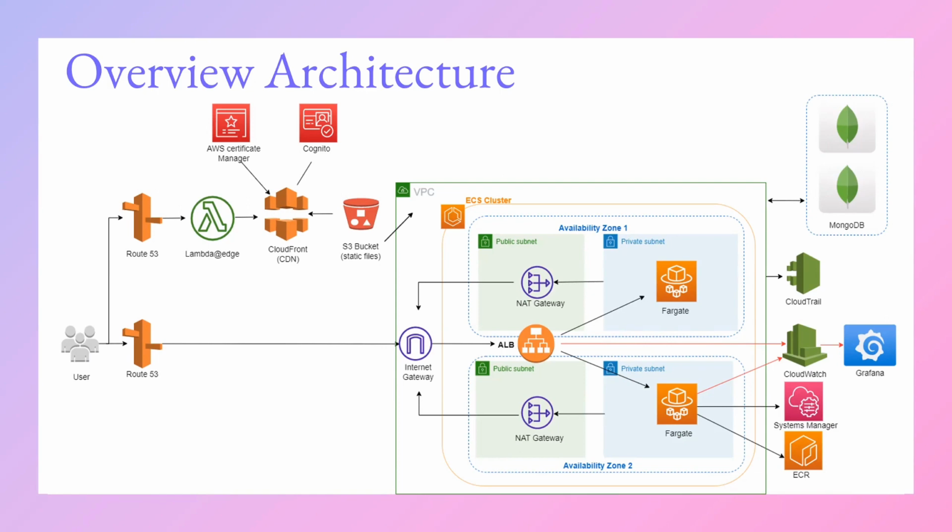Then there is our backend. We use AWS Internet Gateway, Load Balancer, NAT Gateway, and ECS tasks to deliver the backend services. Our backend is using a serverless architecture. We are using ECS tasks to run our backend container from ECR in the private subnet.